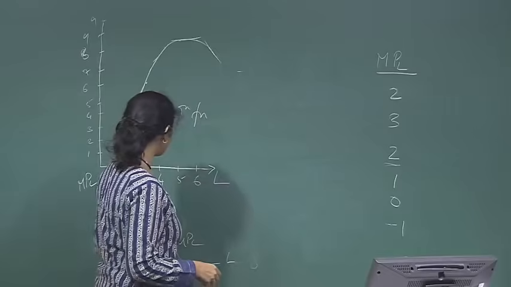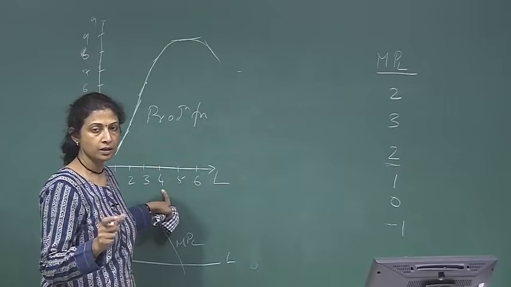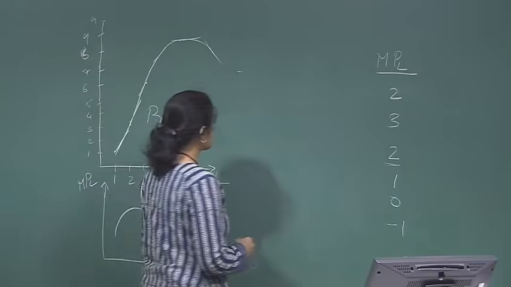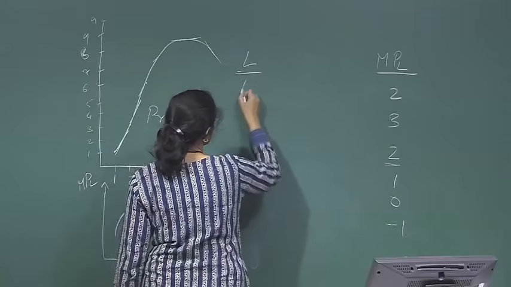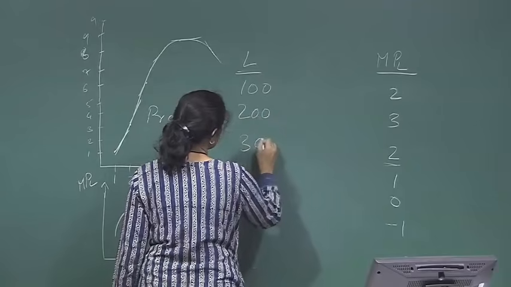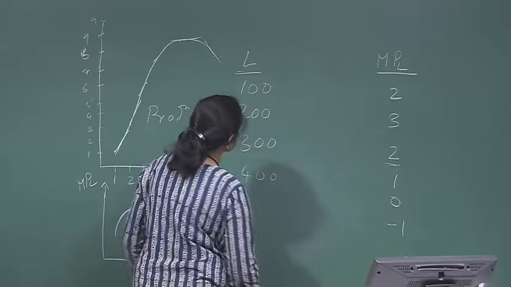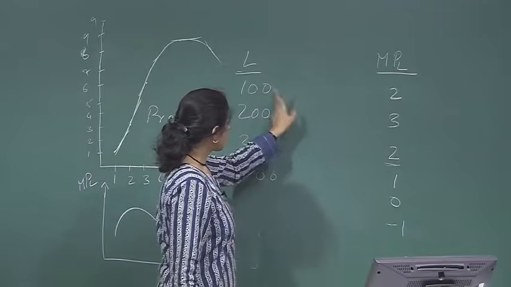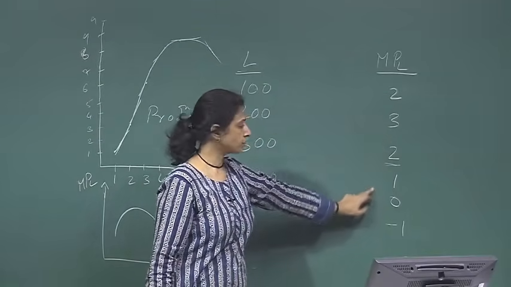Now every person that he hires, say it's a fixed amount, he is paying 100 rupees per person. So for every person that he hires, he incurs a cost: first one 100, second one 200, third person 300, 400. And for every person that he hires, he is getting a marginal additional output of these units.